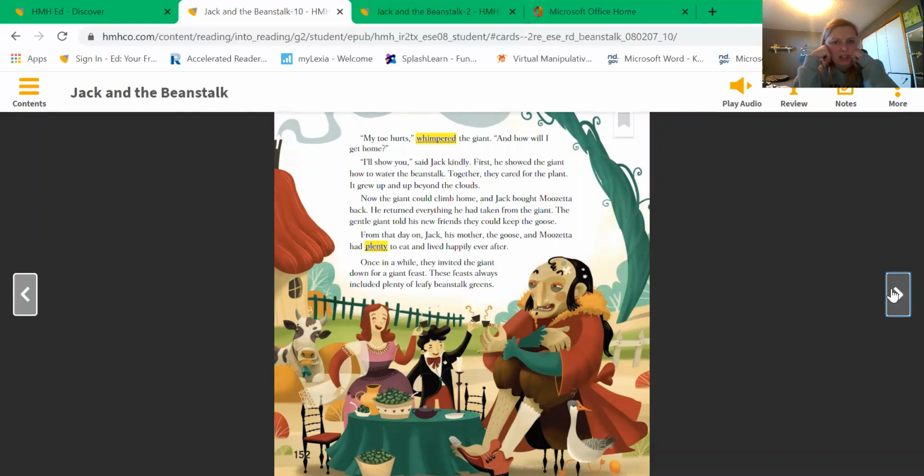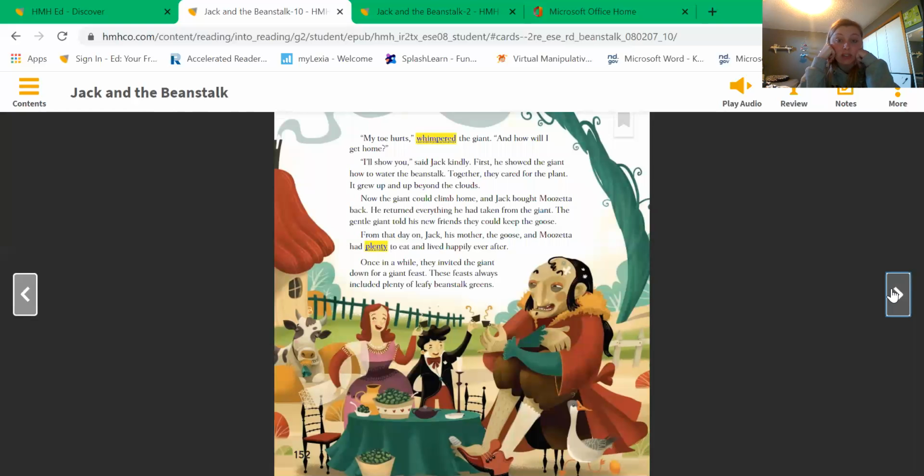My toes hurt, whimpered the giant, and how will I get home? I'll show you, said Jack kindly. First, he showed the giant how to water the beanstalk. Together they cared for the plant. It grew up and beyond the clouds. Now the giant could climb home, and Jack bought Musetta back. He returned everything he had taken from the giant.